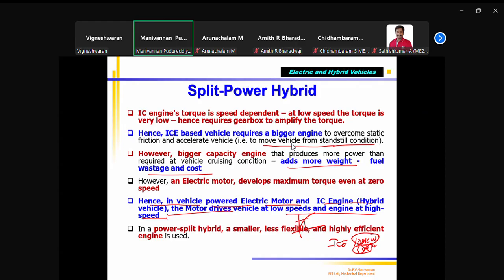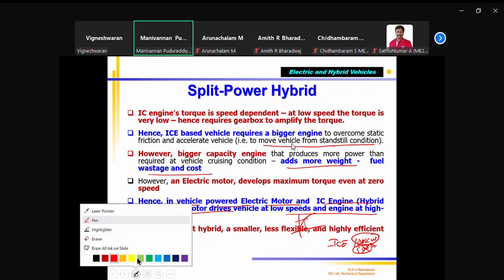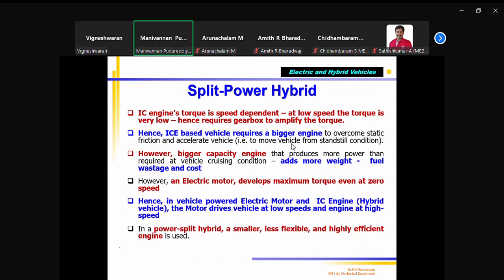This is done by automatic control by the vehicle controller, the hybrid vehicle controller. This is the split power cycle we are talking about. Please see that both are working. It is like a parallel hybrid. Depending upon condition, the vehicle controller decides whether to take more power from the electric motor or from the IC engine.